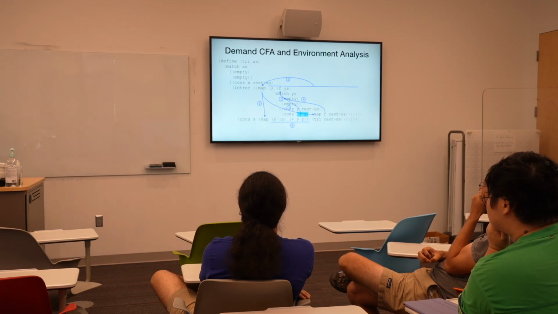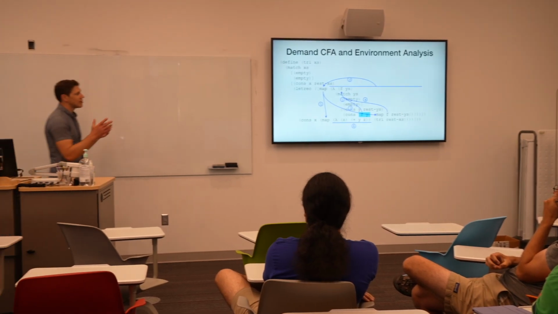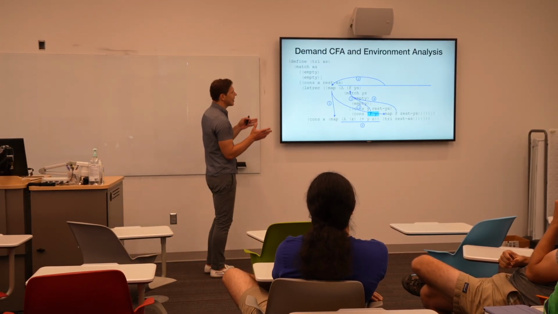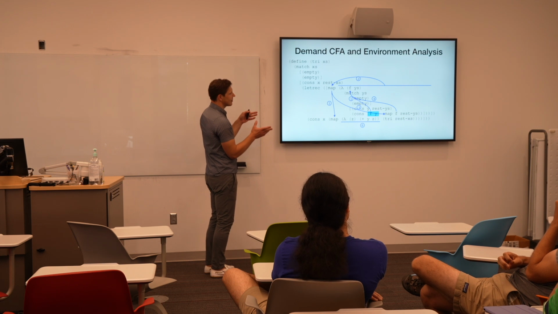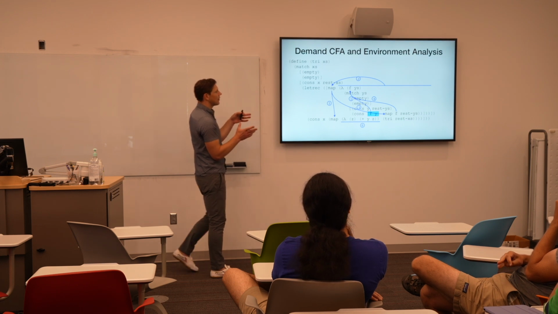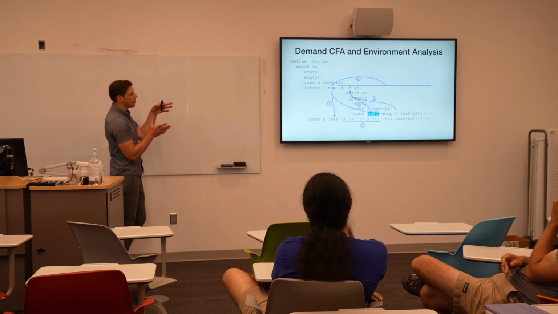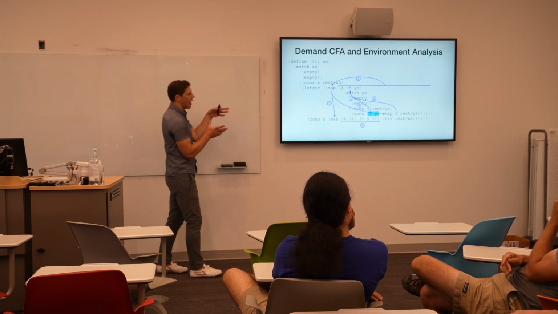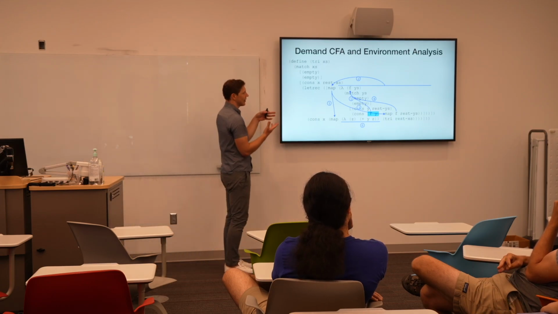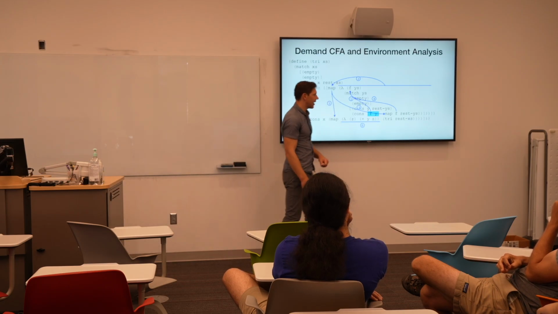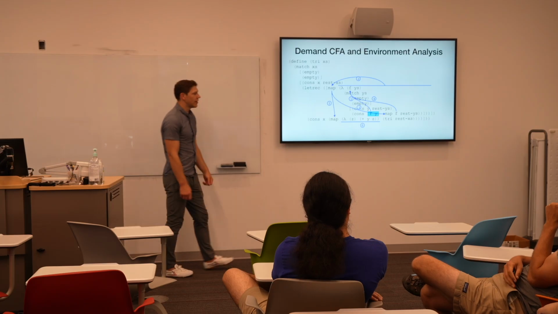So, this is a place where the demand approach can have an advantage. If you build an environment analysis that can look at where the control flow analysis has worked, and you have a theory of environment analysis that can say if the control flow analysis didn't need to explore that area of evaluation, then it's not relevant.